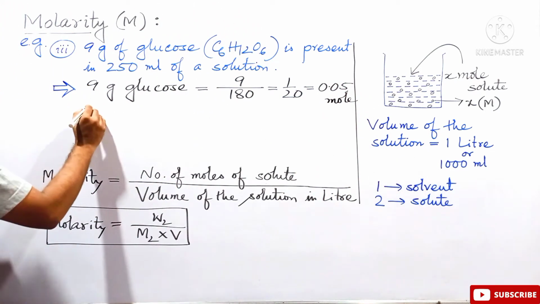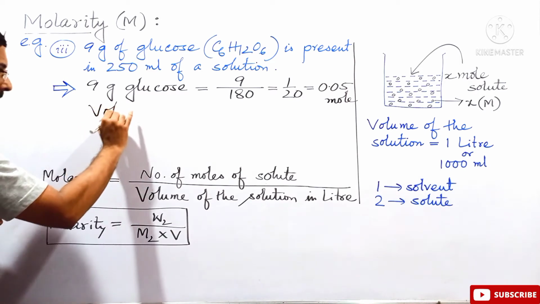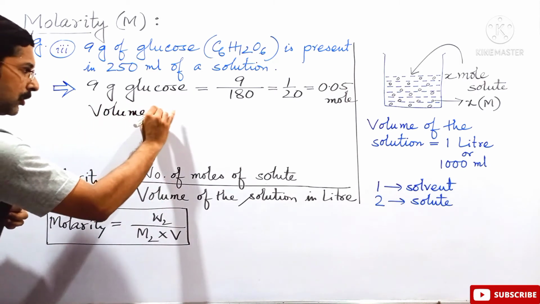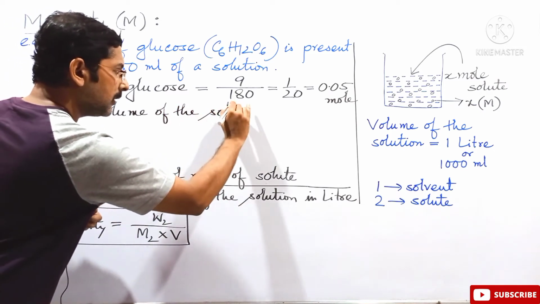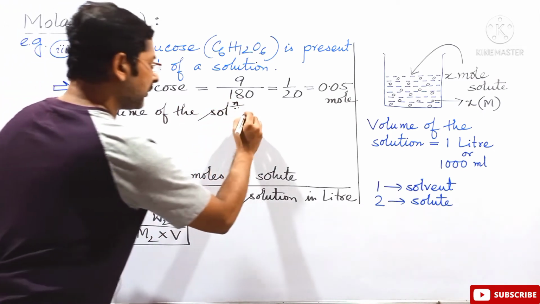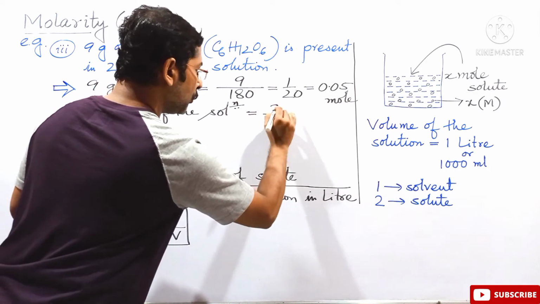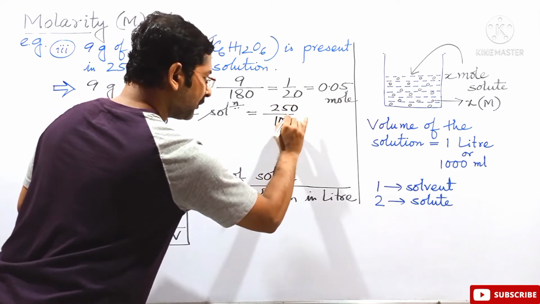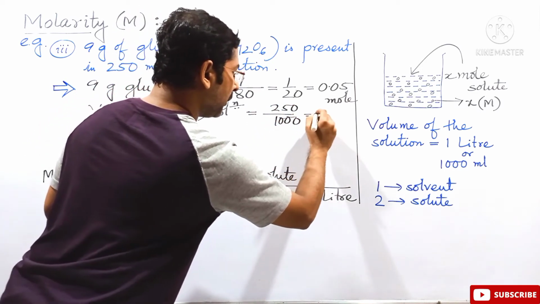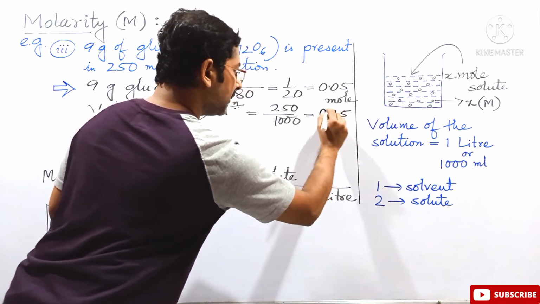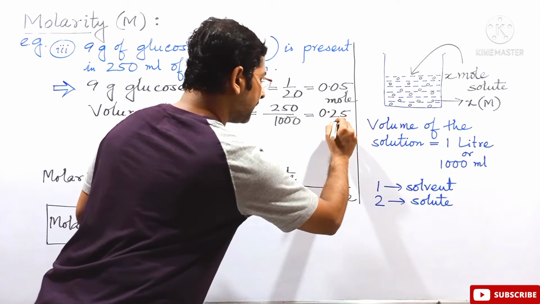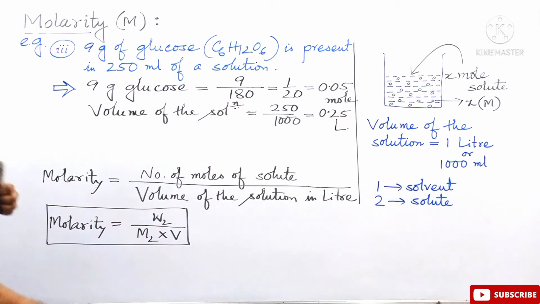And of course the volume of the solution is 250 divided by 1000, this is 1 by 4, this is 0.25 liter, right?